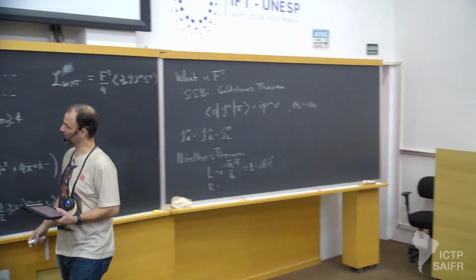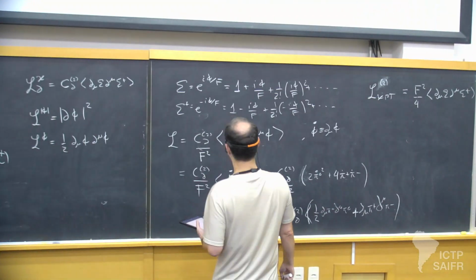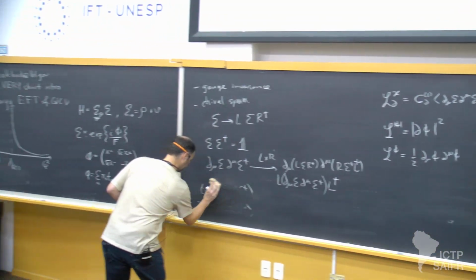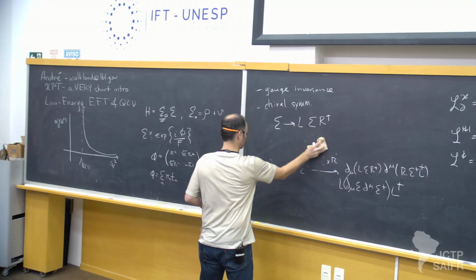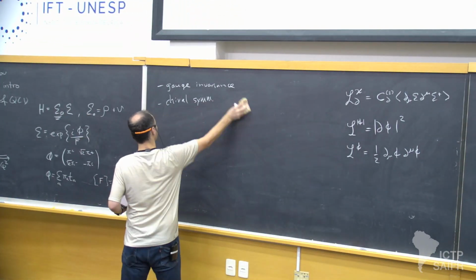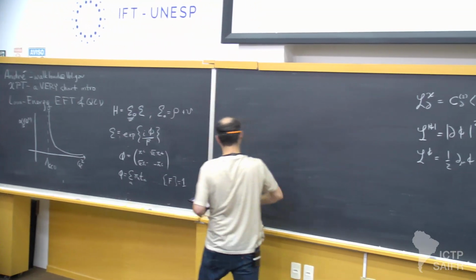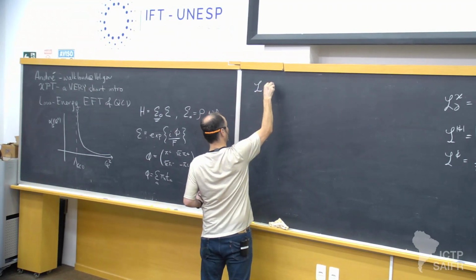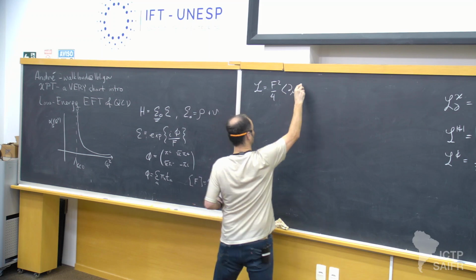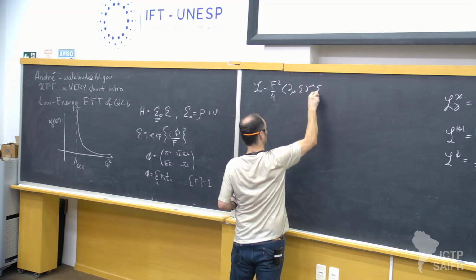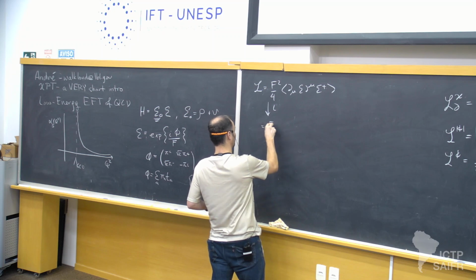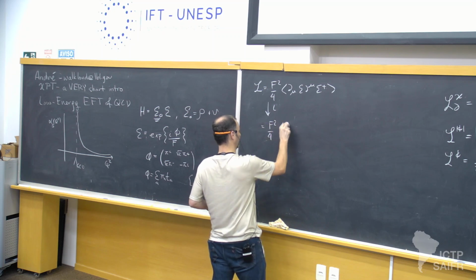Stick this into our Lagrangian. I guess I'll go back over here. So I have my Lagrangian. I want to apply this left transformation. Then I get d mu.